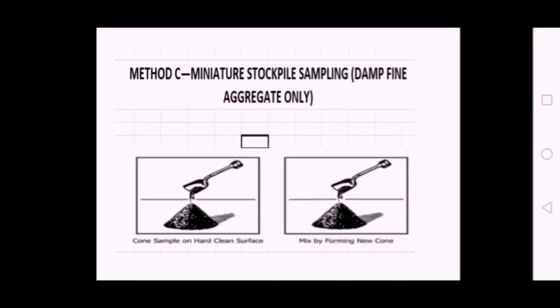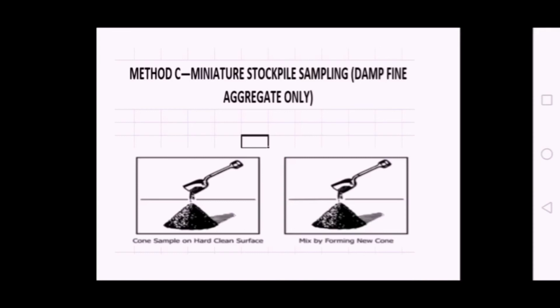Mix the material thoroughly by turning the entire sample over 3 times. With the last turning, shovel the entire sample into a conical pile by depositing each shovelful on top of the preceding one. If desired, flatten the conical pile to a uniform thickness and diameter by pressing down the apex with the shovel, so that each quarter sector of the resulting pile will contain the material originally in it.